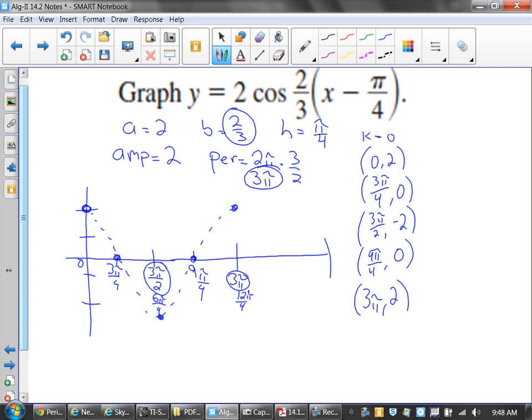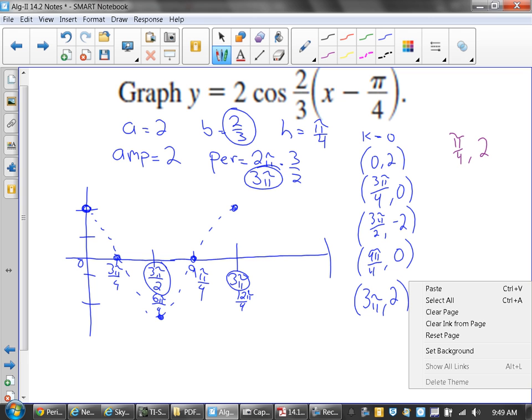To each one of those x coordinates, we're going to add pi over 4. The y coordinates all stay the same. So that gives me pi over 4 and 2. What's 3 pi over 4 plus pi over 4?